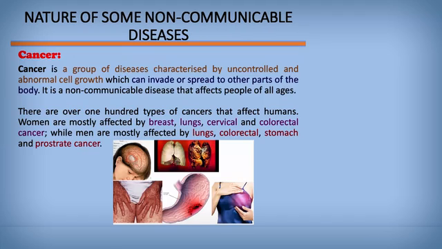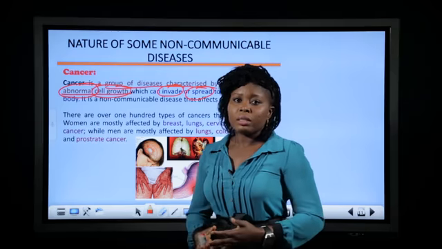What is cancer? It is a group of diseases characterized by uncontrolled and abnormal cell growth, which can invade or spread to other parts of the body. So one characteristic of cancer is that there is abnormal cell growth in the body, and it doesn't just stop there.